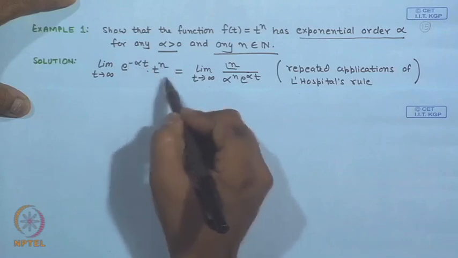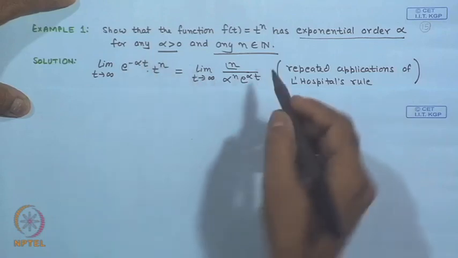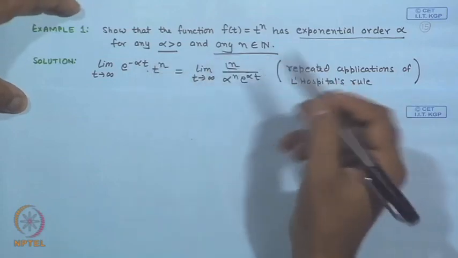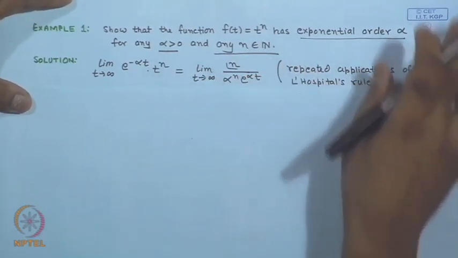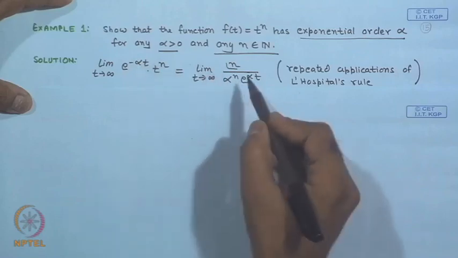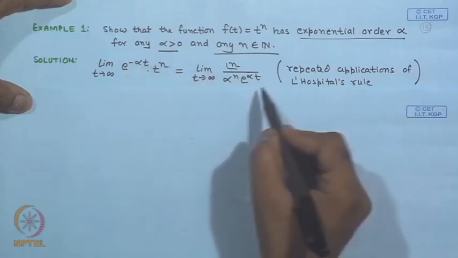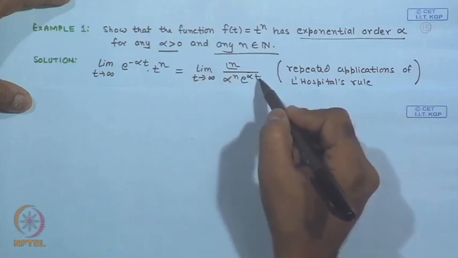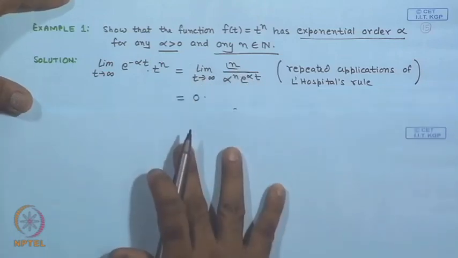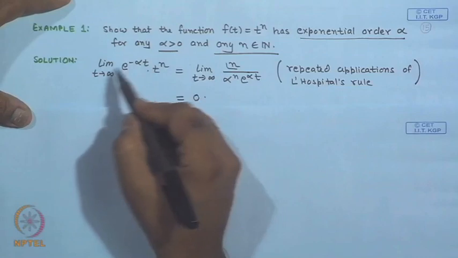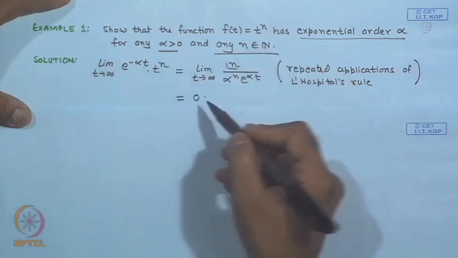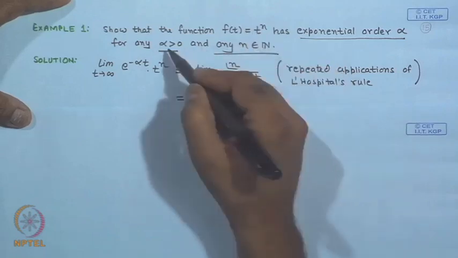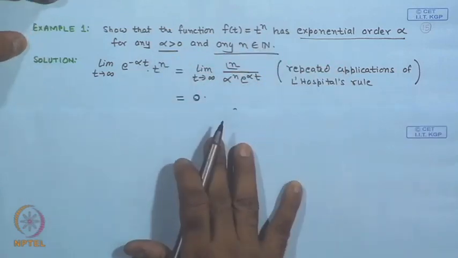So, we can apply the L'Hopital rule n times to get n factorial out of t^n when we differentiate n times, and for e^(alpha t) we will get alpha^n e^(alpha t). If now we let t tend to infinity, we see that this is 0. So, this function t^n is of exponential order for any n and for any alpha.